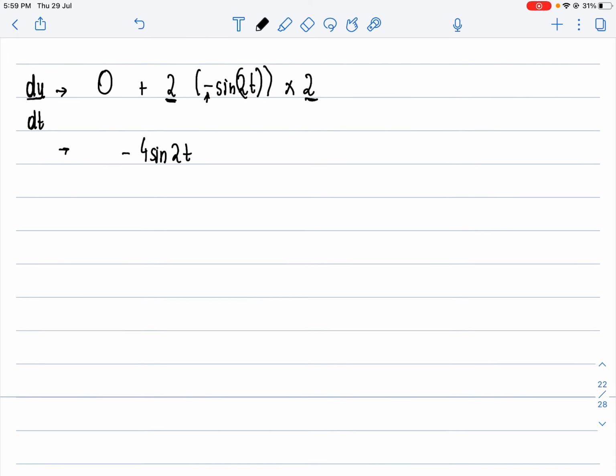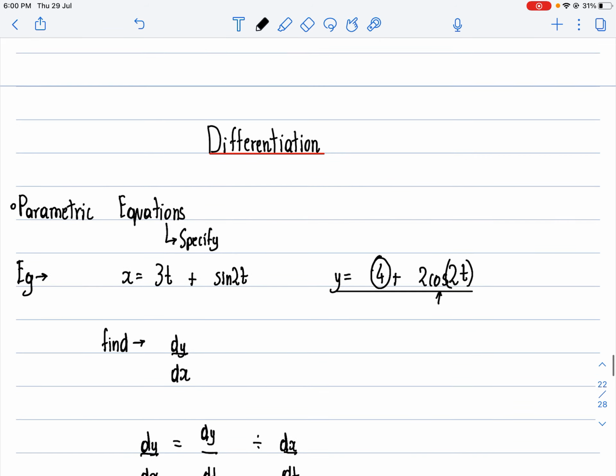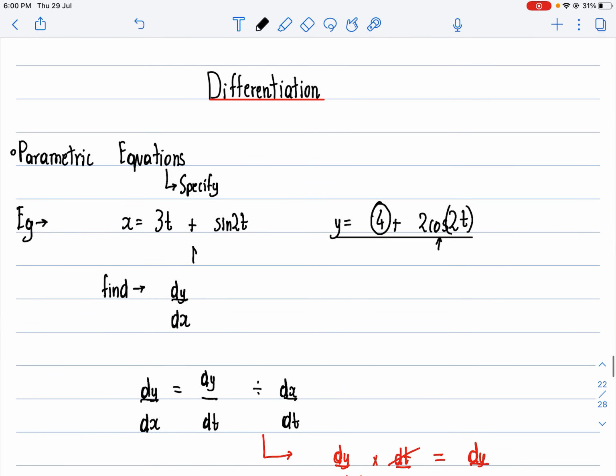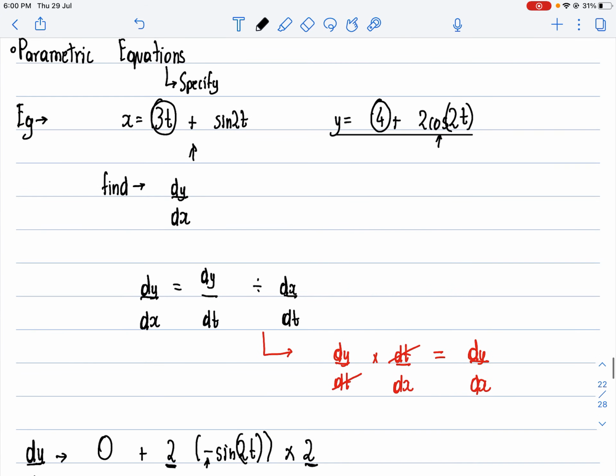Now I can calculate my dx by dt, which is the differentiation of the x which I have here. The differentiation of 3t is 3, so I simply write 3 here. And the differentiation of sine is cos.